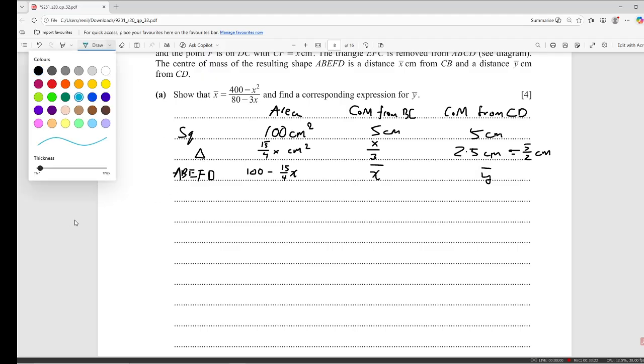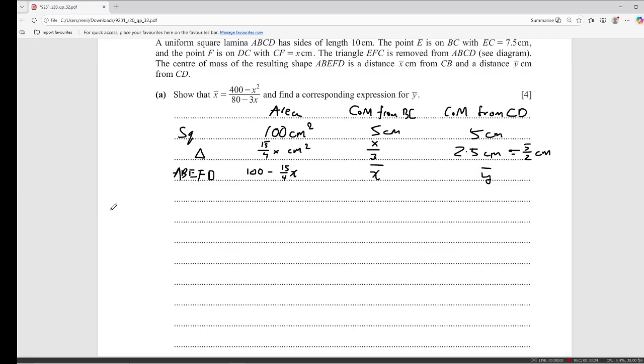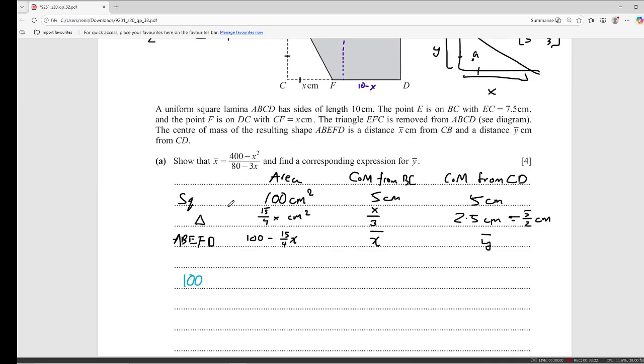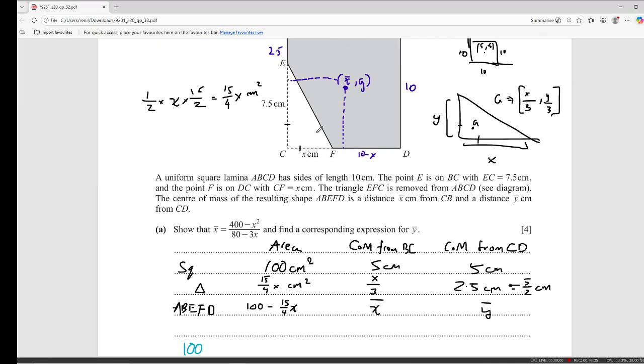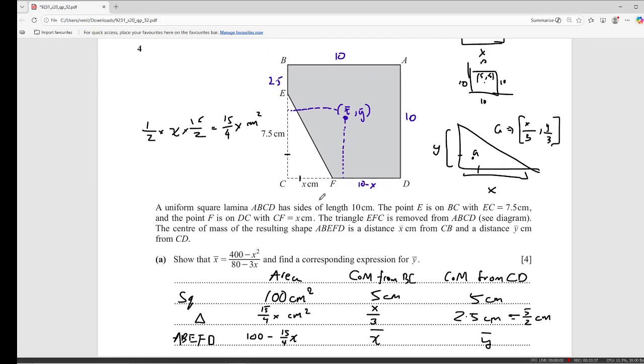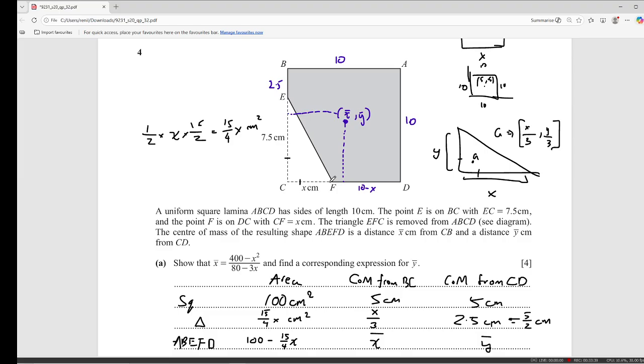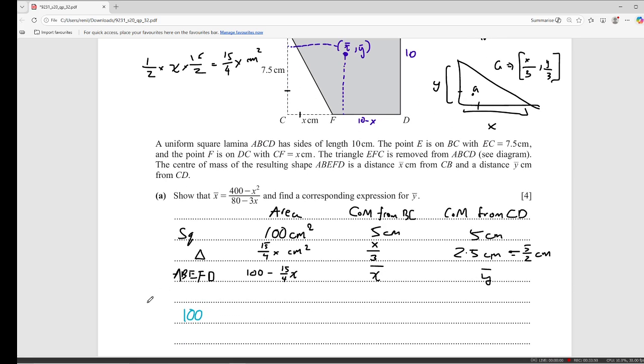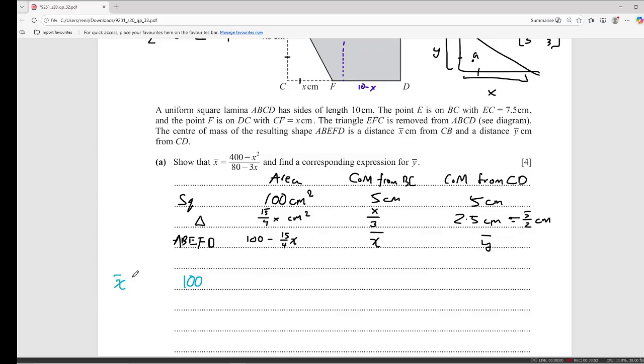So this is 100, the area of the big shape, and then we subtract. Basically, what we're trying to do is find the moment caused by the first shape, and subtract the moment caused by the area that's cut off. So let's resolve for x mean first.